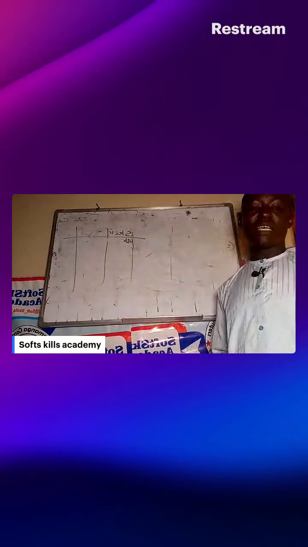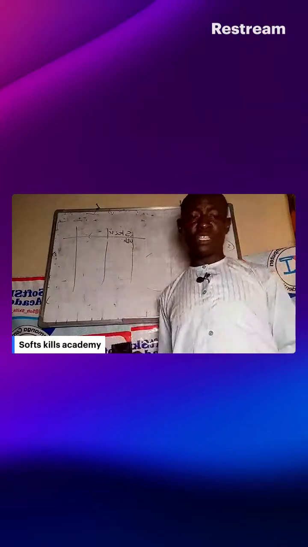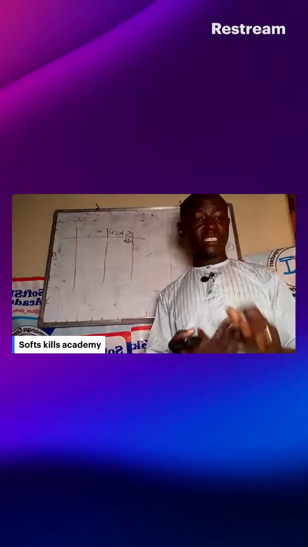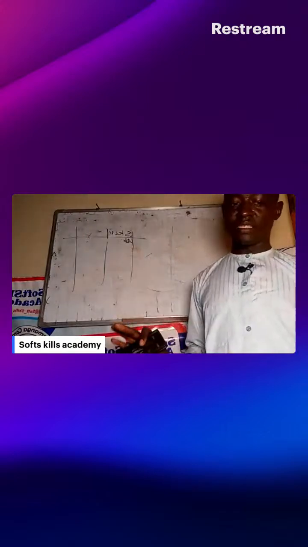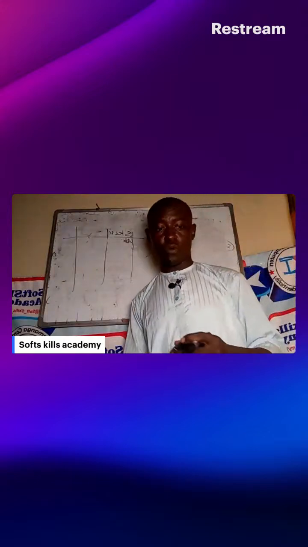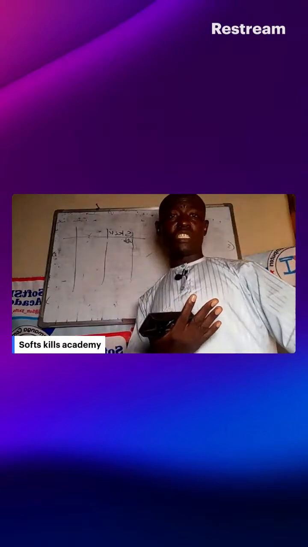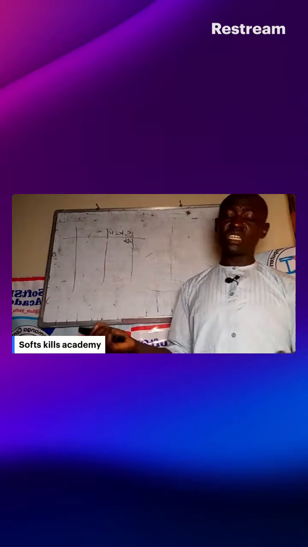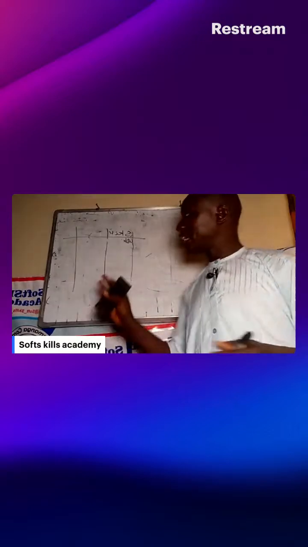BCNF is a higher version of the third normalization form, an upgrade of it. Most people stop at the third normalization form. This form deals with certain types of anomalies that are not handled by the third normalization form. After your table is in the first normalization form, you should, as much as possible, avoid multiple overlapping candidate keys.